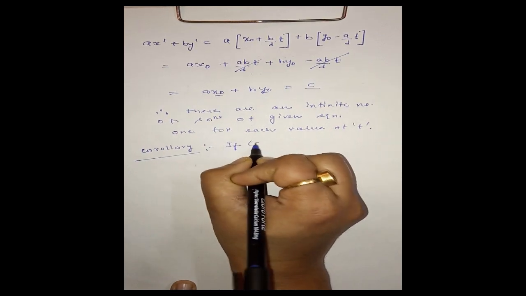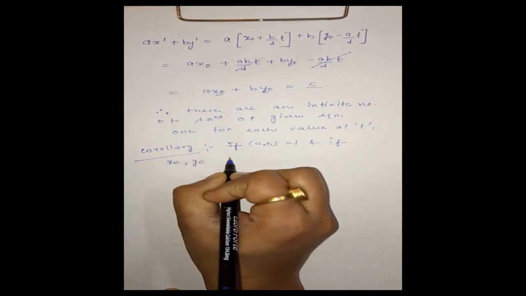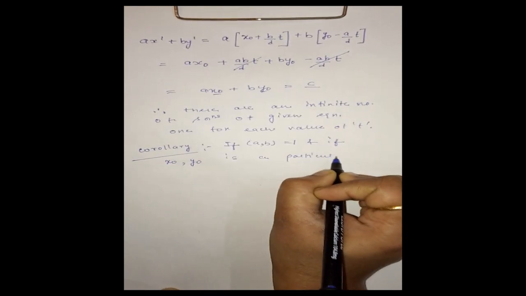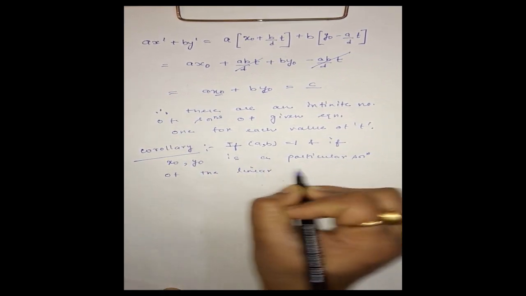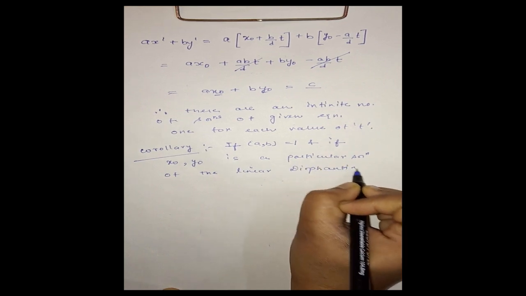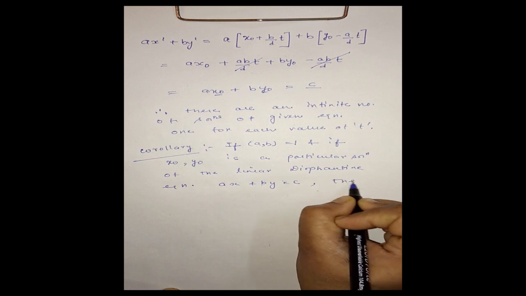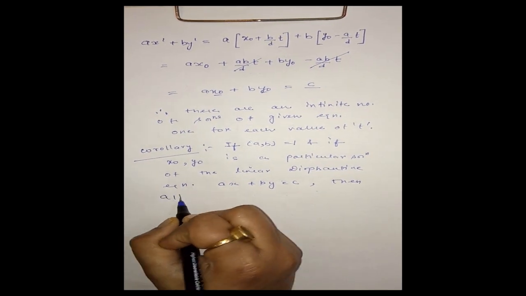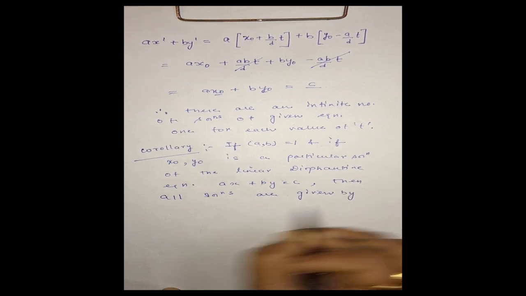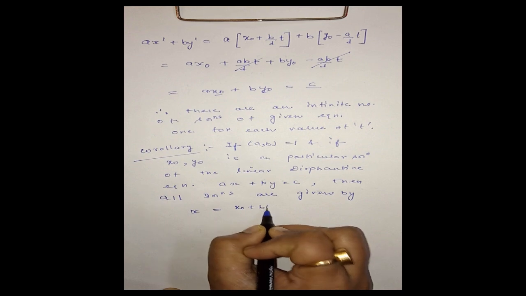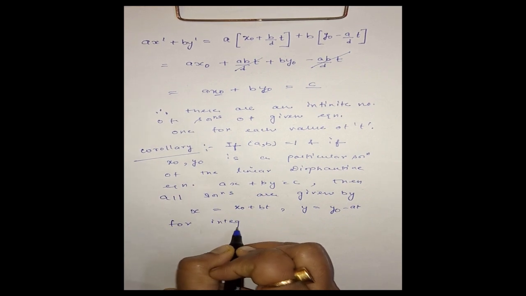If GCD of A and B is 1 and if x naught y naught is a particular solution of the linear Diophantine equation ax plus by is equal to c, then all other solutions are given by x is equal to x naught plus bt, y is equal to y naught minus at for integral values of t.